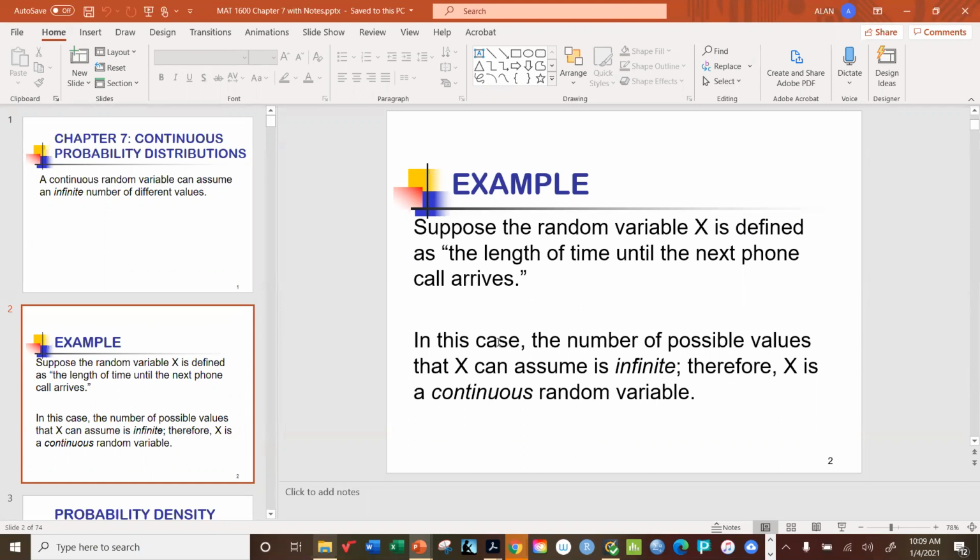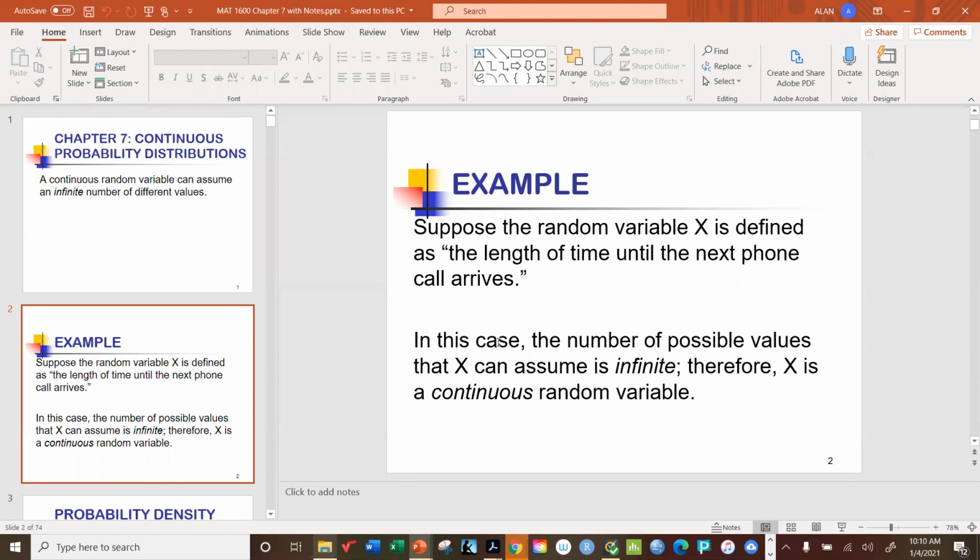Now, if we were using the Poisson distribution, we might have asked a question like this: what is the probability that there will be, let's say, 5 phone calls in the next hour? In a case like that, the number of possibilities is finite because that has to be a positive integer. It could be a 0, a 1, a 2, a 3, a 4, or a 5.